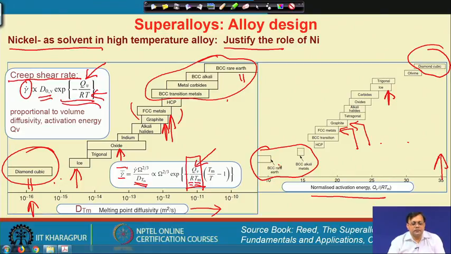other elements. Now, let us try to look at some of the other aspects, because for high temperature not only the melt point diffusivity and activation energy for diffusion are important. However, what about the ductile brittle transition?